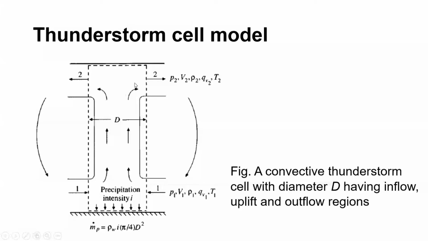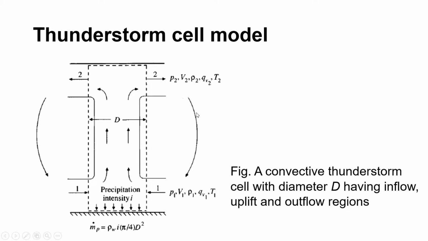So the dry air leaves from this outflow region, and this outflown air, because as it rises it becomes cold, due to its increased weight, it descends back.